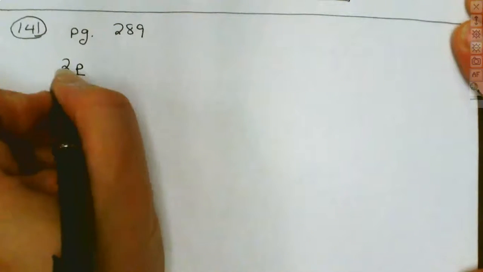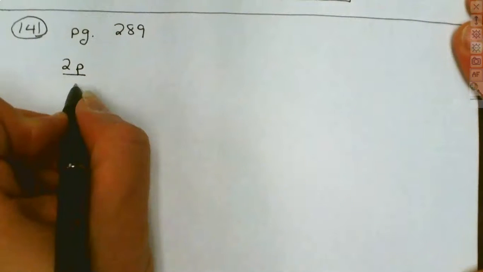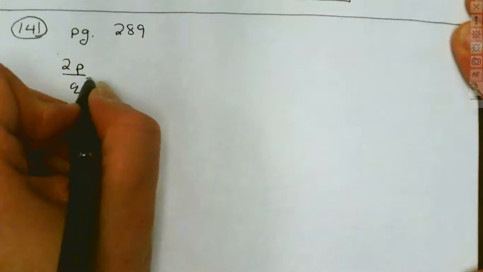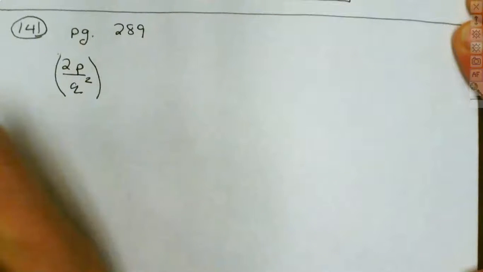We have to watch our steps and make sure that we use our order of operations correctly. So we have 2p over q squared, all raised to the 3rd power.